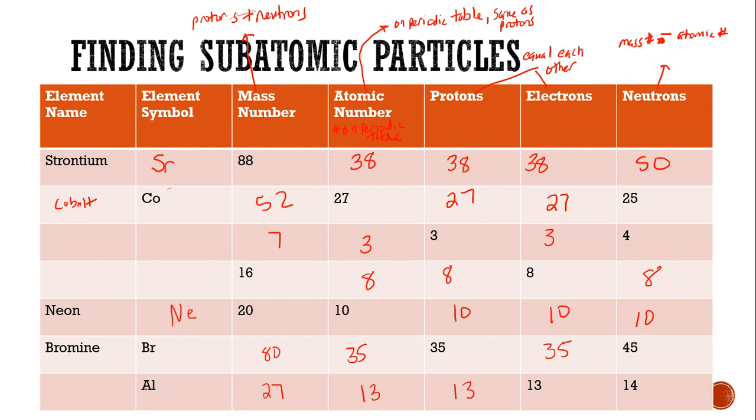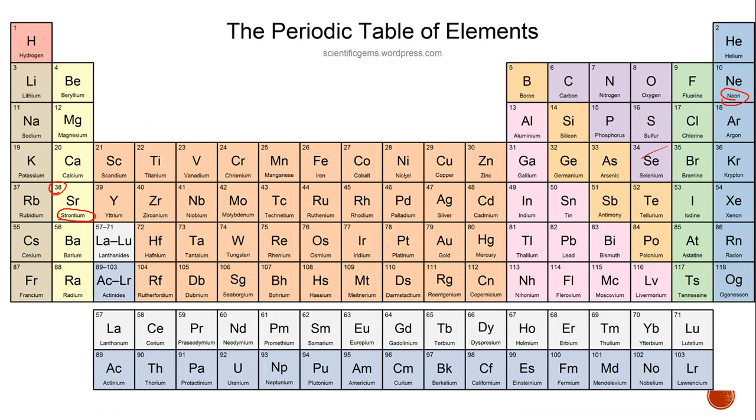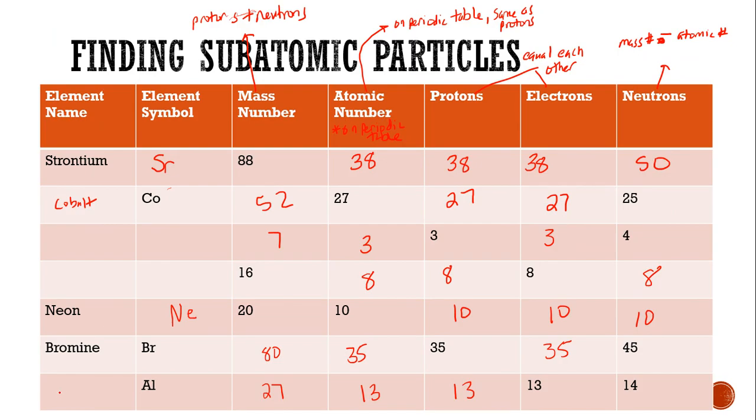So we got Al. If you find Al on the periodic table, it's aluminum. If you look on your periodic table, it's going to call aluminium, but Al is aluminum. But what do you do if it doesn't have a symbol or it doesn't have a name?